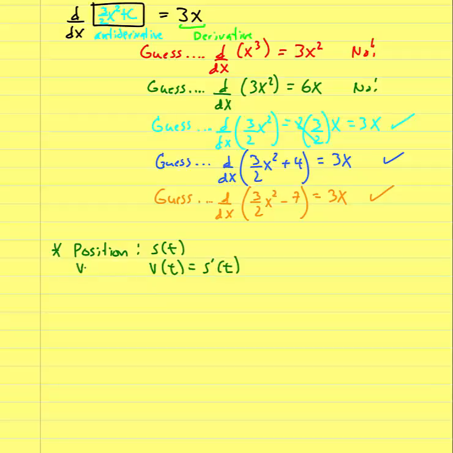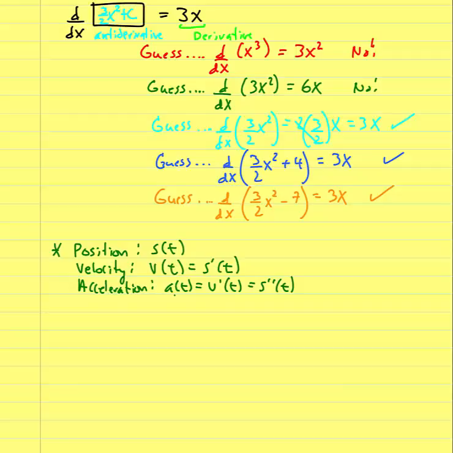So this is velocity. And we would take the derivative of the velocity function to get acceleration. So acceleration would be equal to the derivative of v, which is the second derivative of the position function. So this process is pretty easy to look at: position, velocity, acceleration, derivatives.